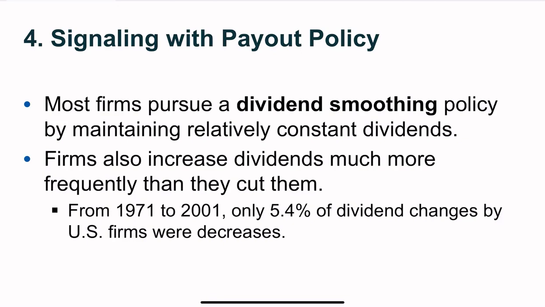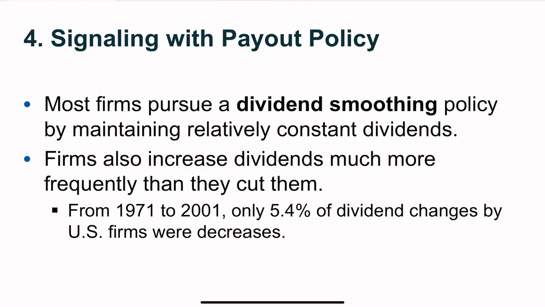So basically, the story there was if a firm has a good project or good prospect, then the firm can afford to use high leverage. So this basically implies if investors find out a firm is using high leverage, then investors will consider this firm as a good firm. And here we are talking about signaling with payout.